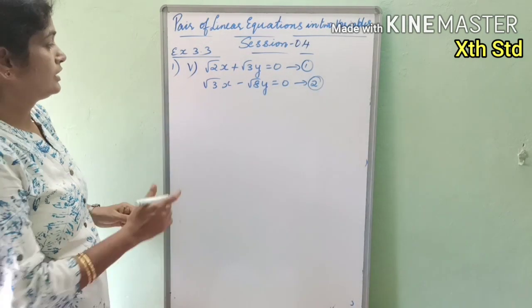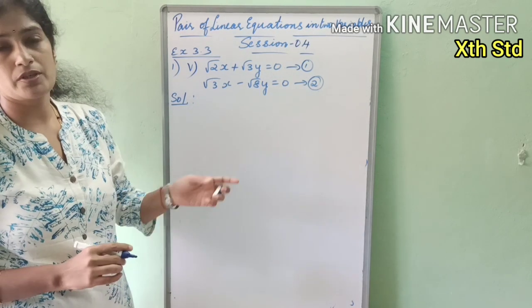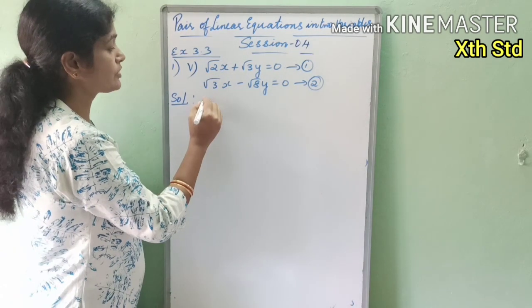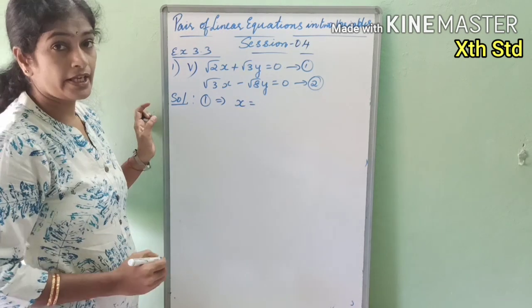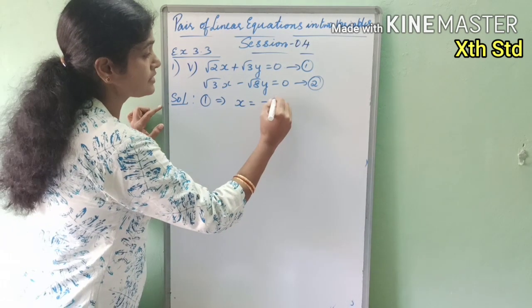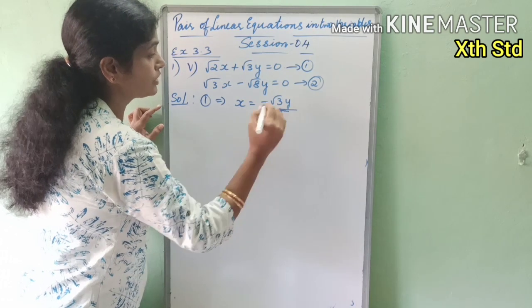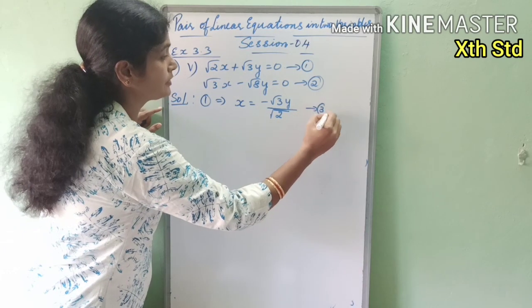Fine. Now, the same way, consider any one of the equations and write one variable in terms of the other. So let's consider equation 1. In this, x is equal to minus root 3y divided by root 2. Fine. Now, this is your equation 3.